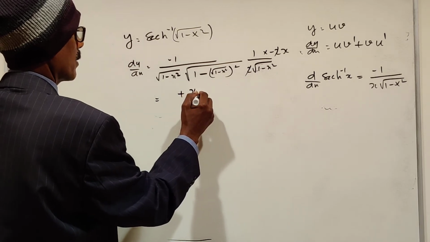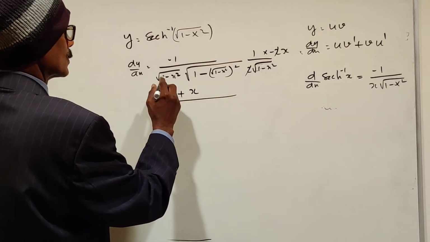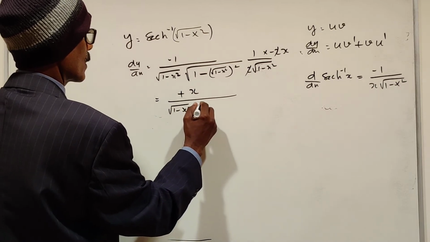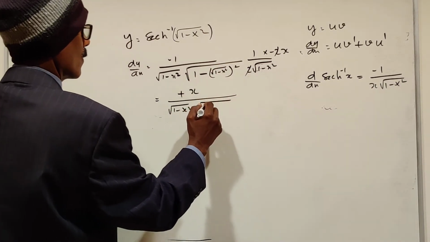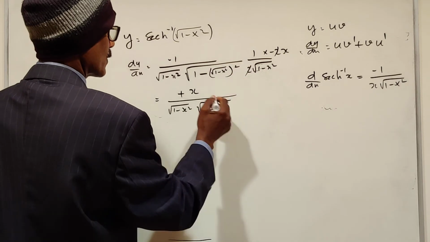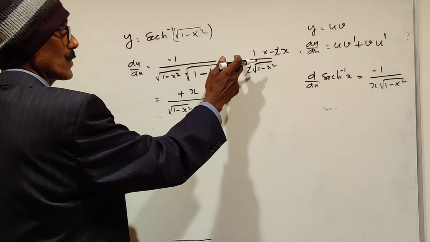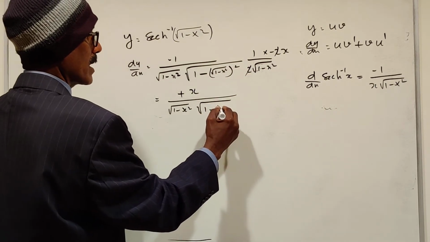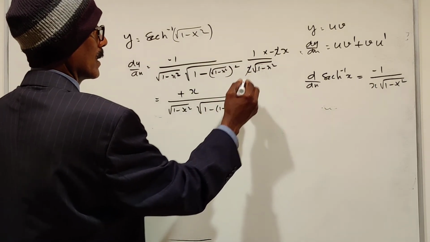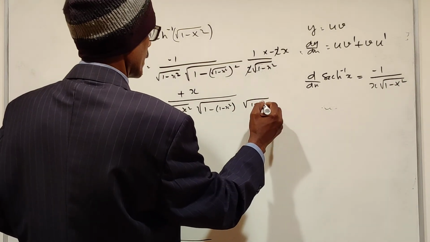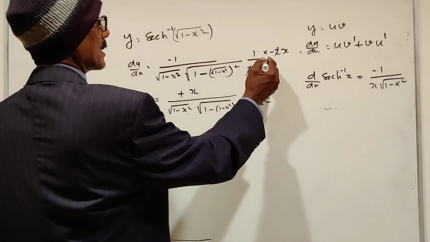Plus x by square root of 1 minus x square into square root of this one, 1 minus x square. We don't need to write the square root because the square is there. So 1 minus x square into 1 minus x square.